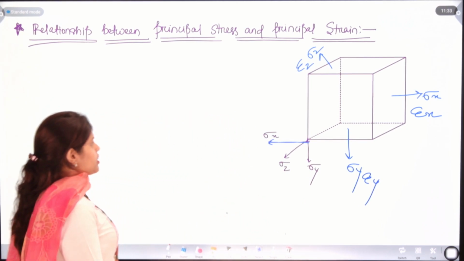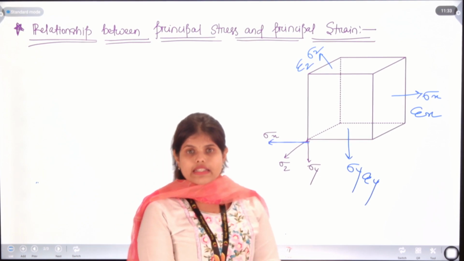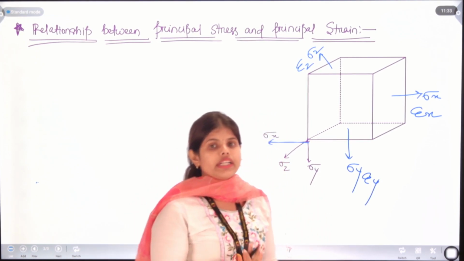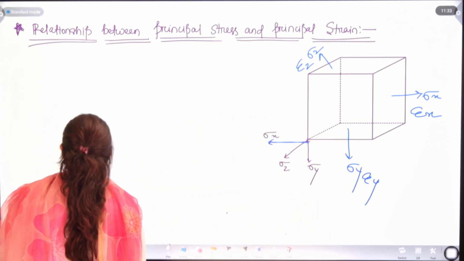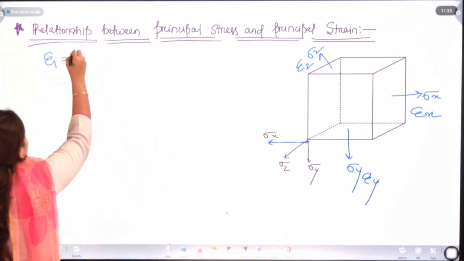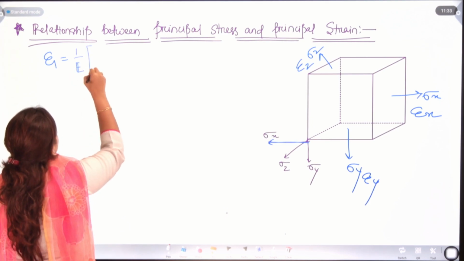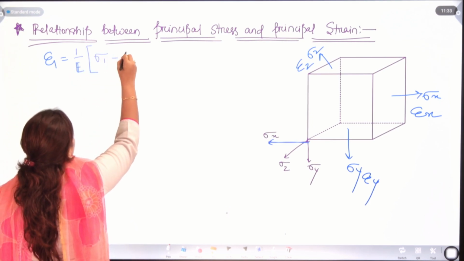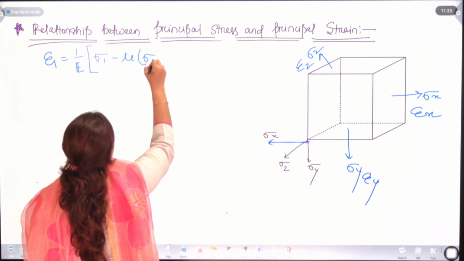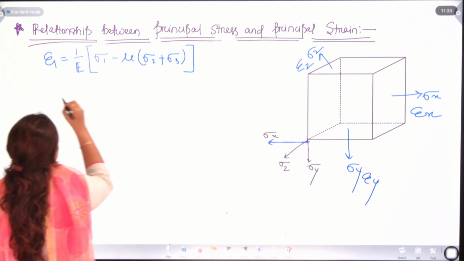In our previous classes, while discussing normal stress and strain, we found one relationship. Epsilon 1 is equal to 1 by E into sigma 1 minus mu into sigma 2 plus sigma 3, right?